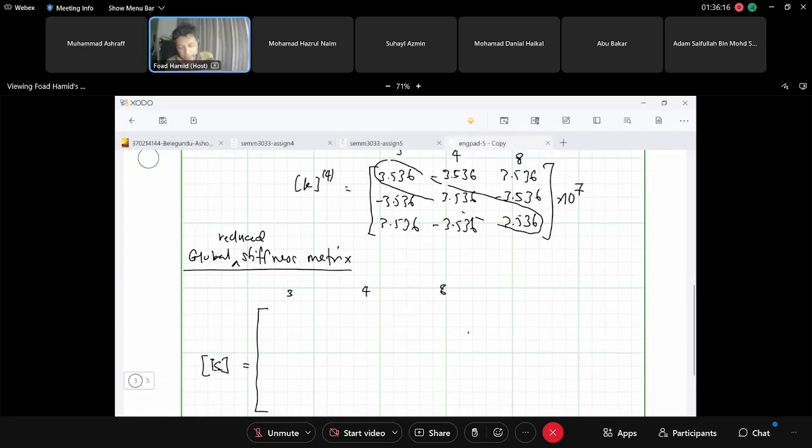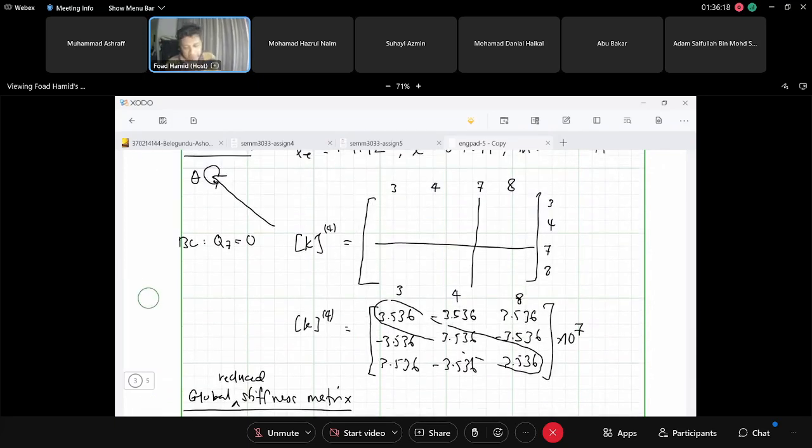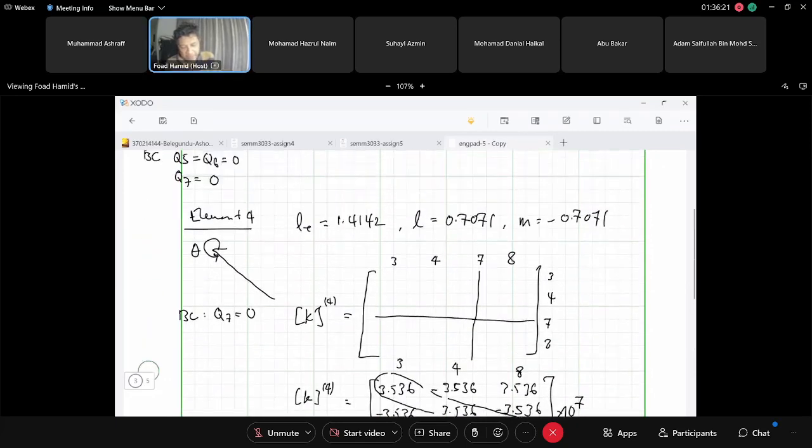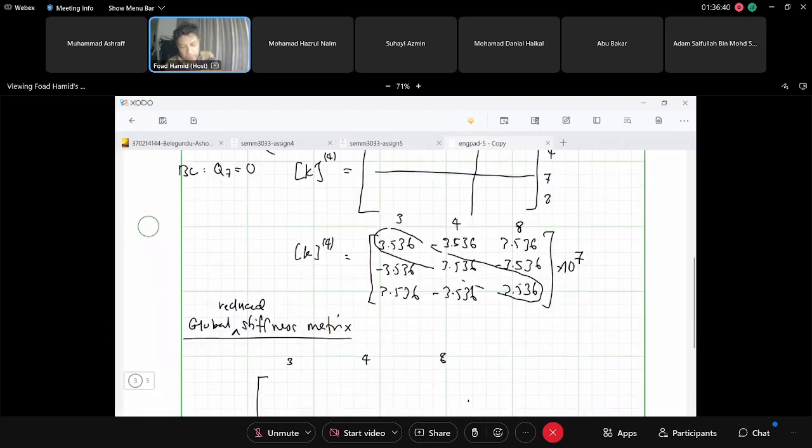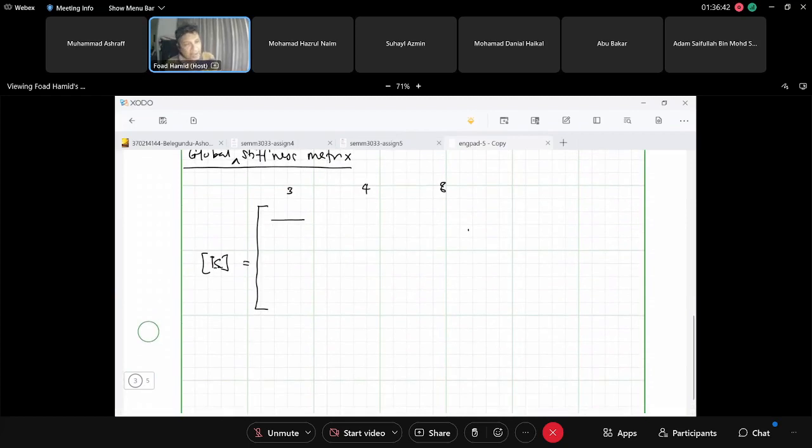So note that for global node number 3, we have element 1, element 2, and element 4 sharing. So we expect that our global stiffness matrix here will have element 1, element 2, and element 4 contributions.